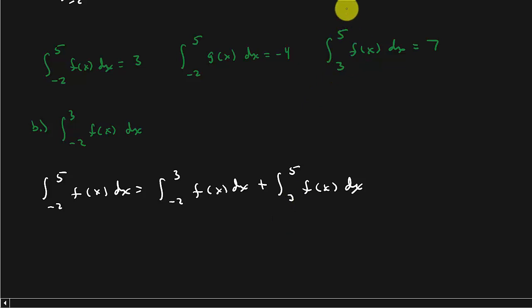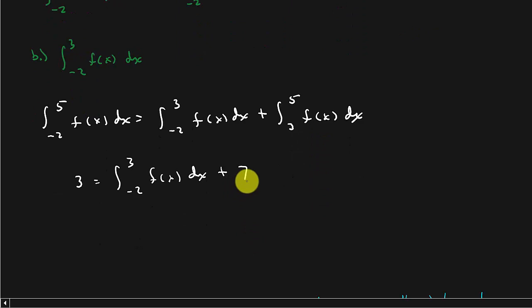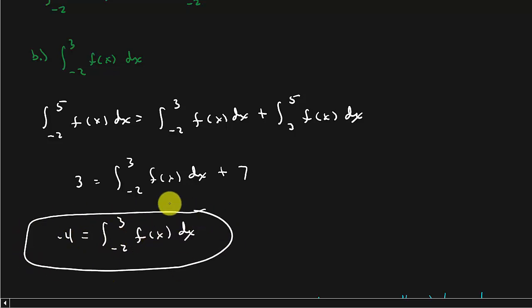And so this gives me 3 is equal to the integral negative 2 to 3 of f of x dx plus, and then this one is 7. And so now if I subtract 7 from both sides, I get negative 4 equals the integral negative 2 to 3 of f of x dx. And there's your answer.